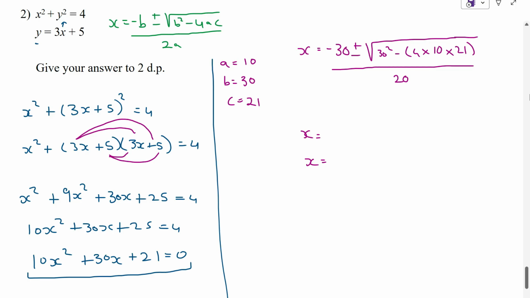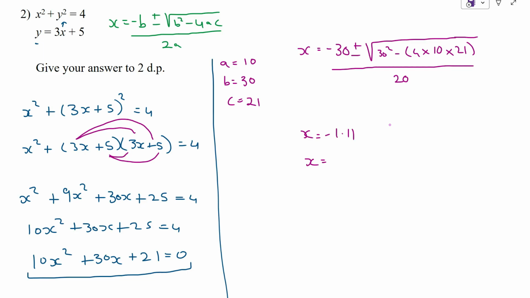So let's enter these values into our calculator. So the first value of x rounded to 2dp is minus 1.11.